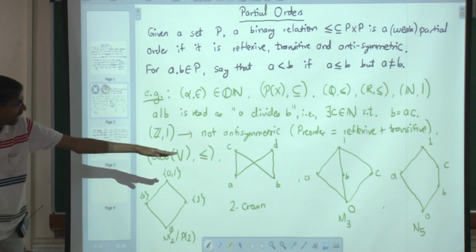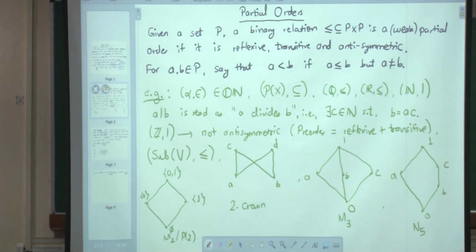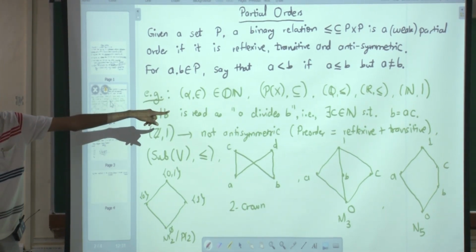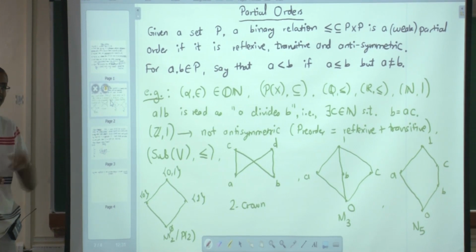Okay. M3 and N5 both have minimum and maximum. The minimum, if it exists, then it is traditional to write it using 0. And the maximum, if it exists, then it is traditional to write it 1. But be aware, in the divisibility lattice, 0 is 1 and 1 is 0.